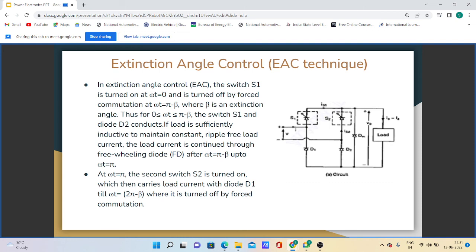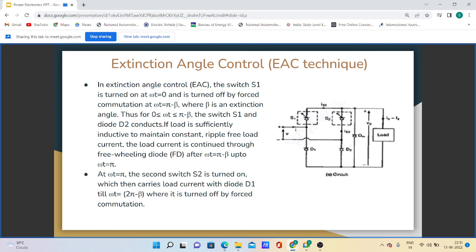The switching action of S1 and S2 switches are performed by the GTO, that is gate turn off thyristors. These thyristors are switched on by applying small positive gate pulse and can be turned off by applying small negative gate pulse.